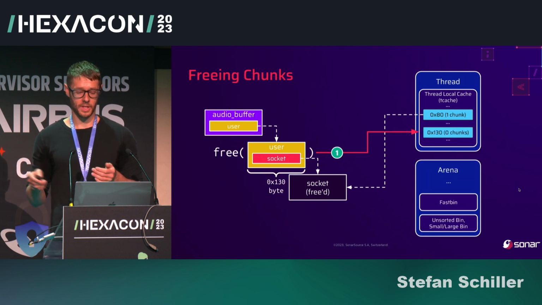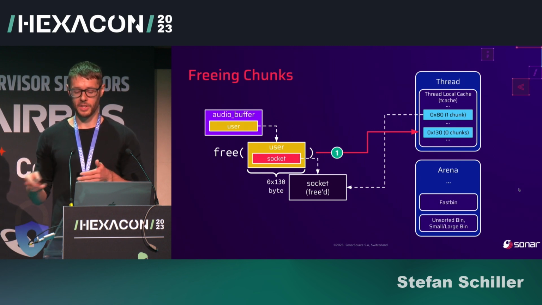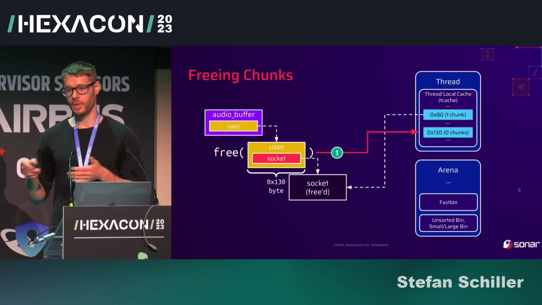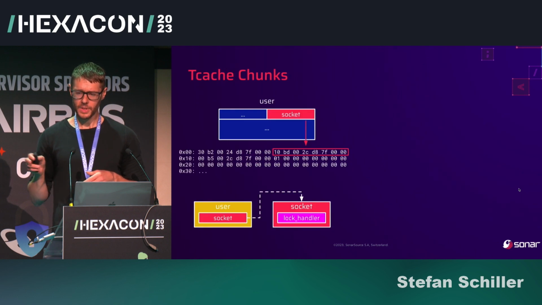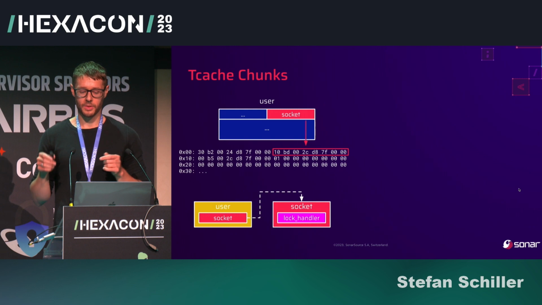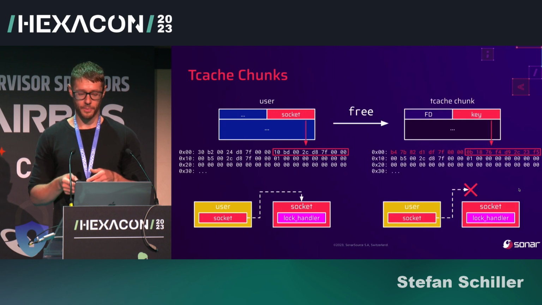Next, the user is freed. Its size is hex 130 bytes, and the corresponding T-cache bin is also empty, so it would be added to this bin. But let's have a closer look at what actually happens here. We are particularly interested in the socket pointer of the user. This pointer is located at offset 8, as shown on the top here, and it references the socket.